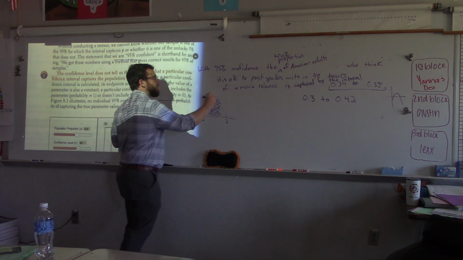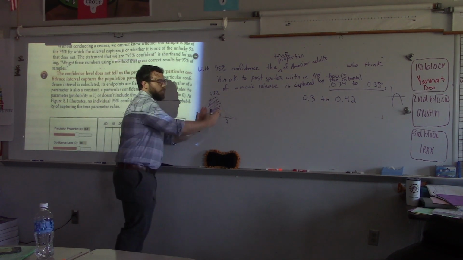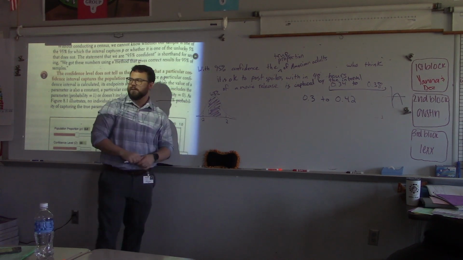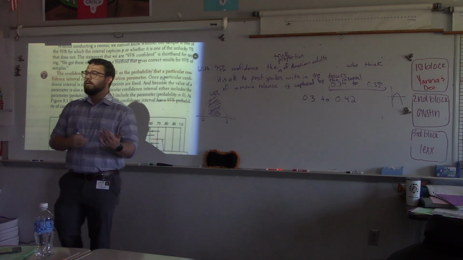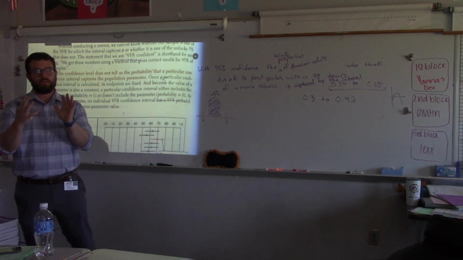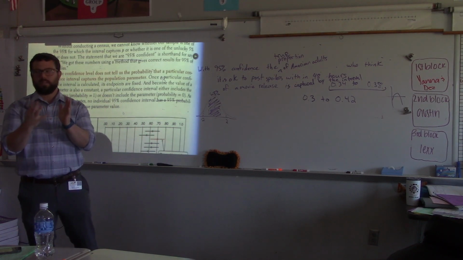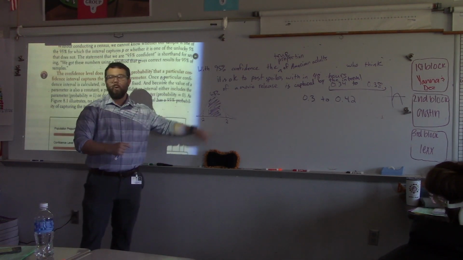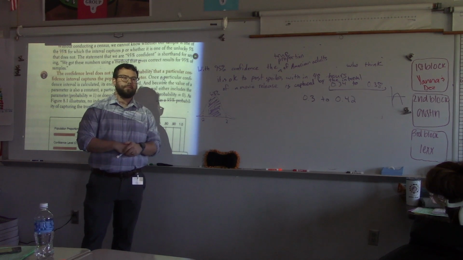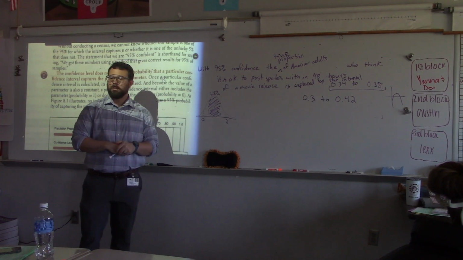You'd only be 68% confident. Is that going to be a narrower confidence interval? Yes, but it's way less accurate, right? So are there downsides to getting a more narrow confidence interval? Yes. Either we're going to be less confident, or we're going to spend more time collecting the data. Right?